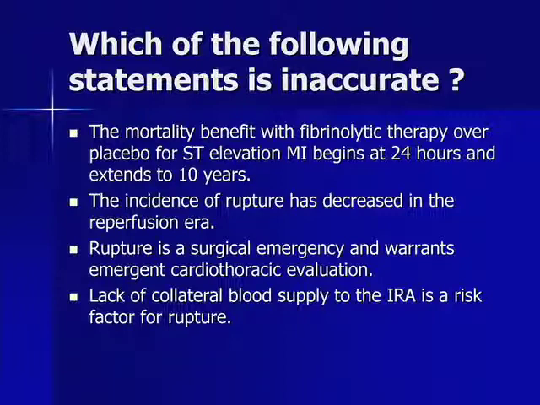The incidence of rupture has decreased in the reperfusion era. Cardiac rupture is a surgical emergency and warrants emergent cardiothoracic evaluation. Lack of collateral blood supply is a risk factor for rupture.